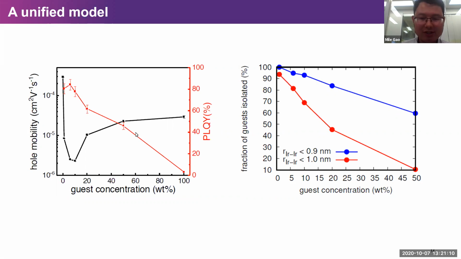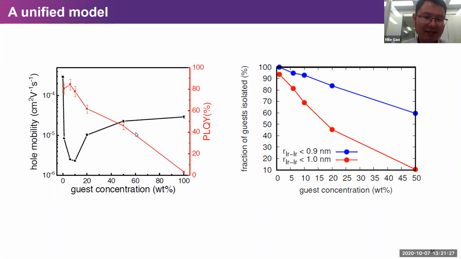So it follows a different regime, hence we vary the cutoff distance in this figure. And we found that the 0.9 nanometer cutoff distance, the blue line here, corresponds best with the PLQY data.